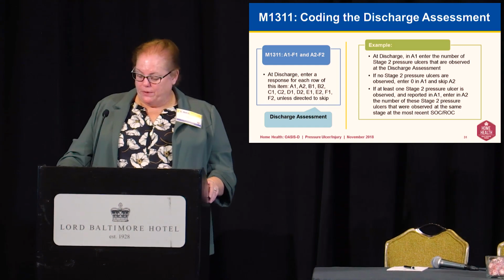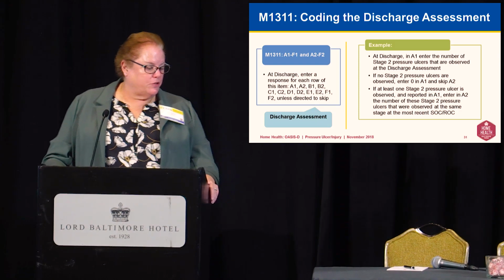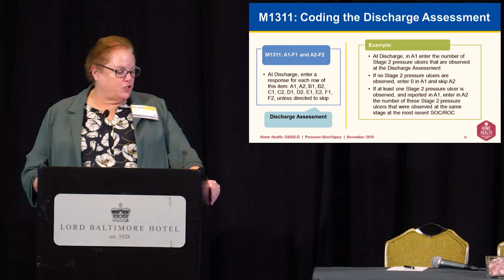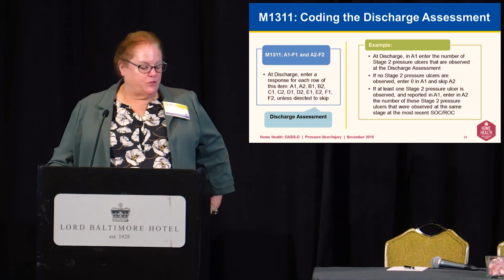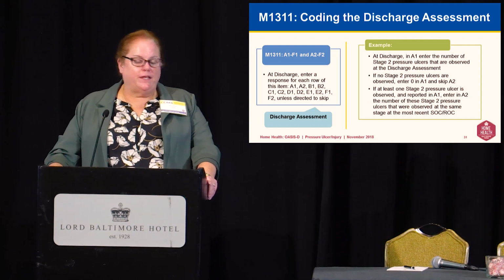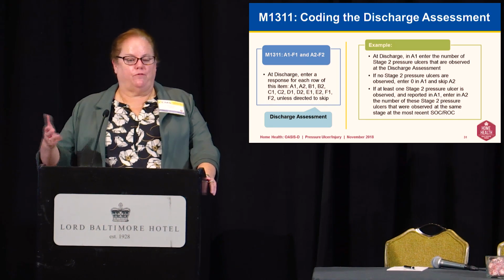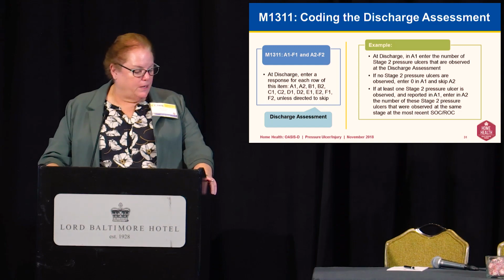So here's an example. At discharge in A1, enter the number of stage 2 pressure ulcers that are observed at discharge. If no stage 2 pressure ulcers are observed, enter 0 in A1 and then skip out of A2. And again, if you're doing this on a computer, it's doing it for you, so you're not even going to have to think about it.